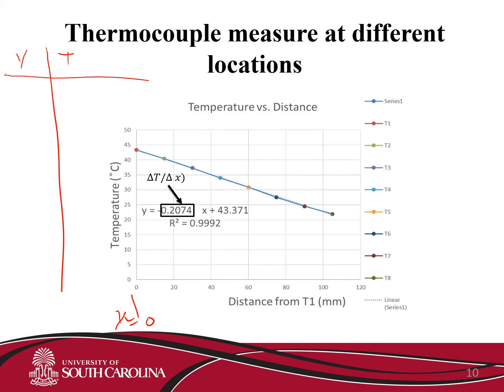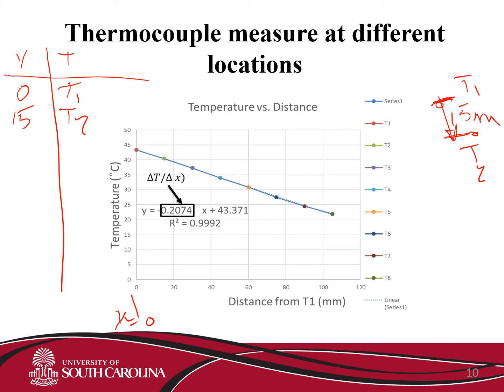So in the table, you can say at Y equals 0, T equals T1. At Y equals 15 millimeter, as I told you, the distance between T1 and T2 equals 15 millimeter. Okay, this is T2.